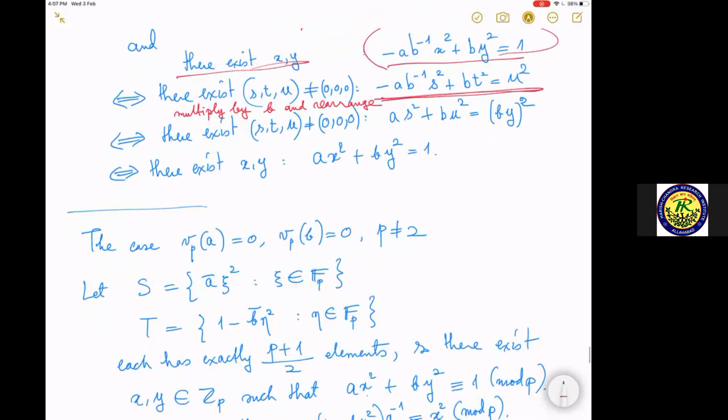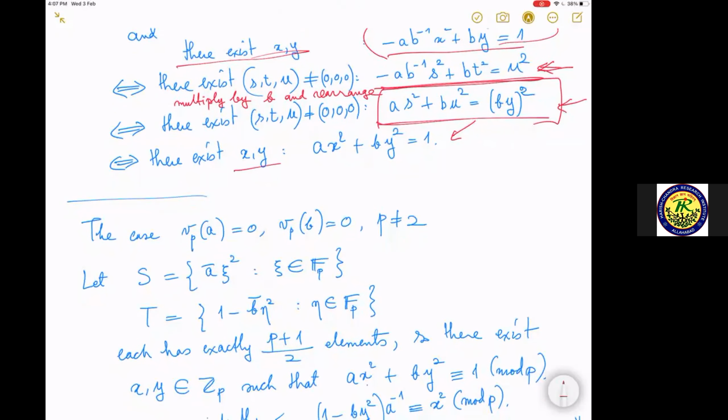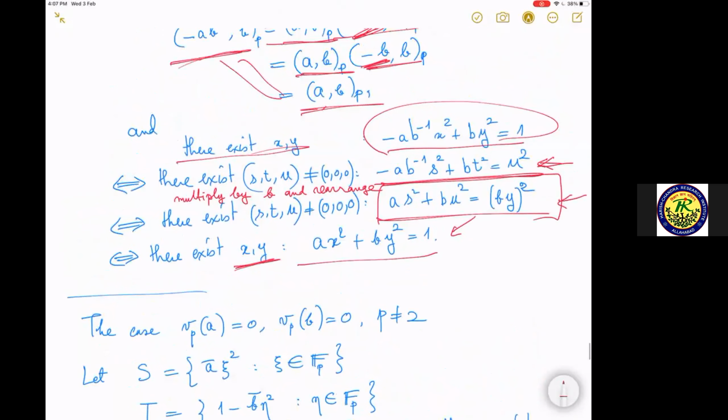Now, in this homogeneous equation, I can multiply throughout by b and then simplify, meaning rewrite as this. So if the first equation has a solution, then this equation also has a solution, of course basically the same solution. But this I can dehomogenize now, and that means that there's a solution xy to the equation ax squared plus by squared equals 1. So this equation has a solution if and only if this equation has a solution.